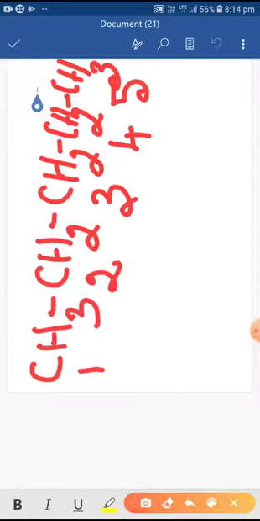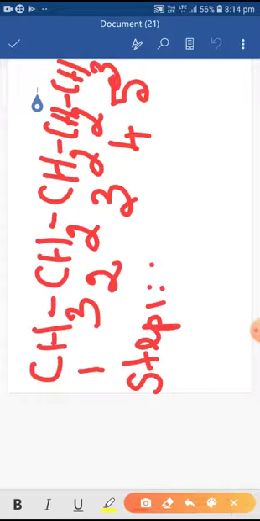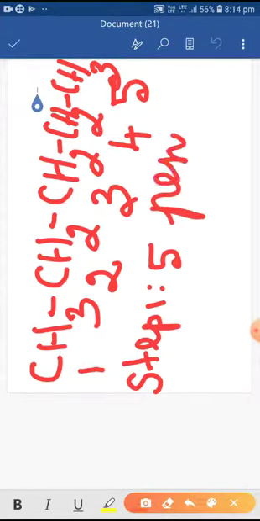So there are 5 carbons, a 5 carbon chain. Step 1, you find how many carbons there are. The root word for 5 carbons is pent. First you find the root word.